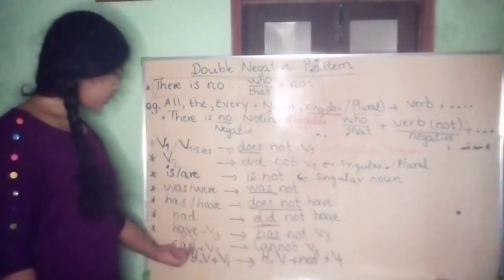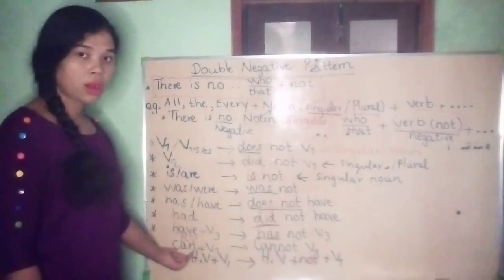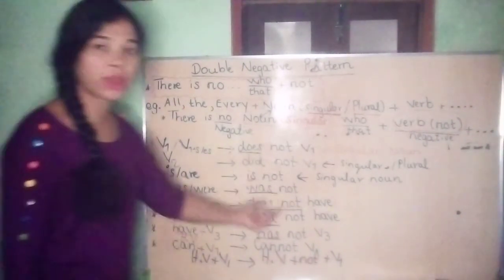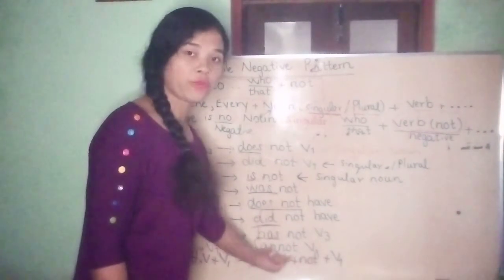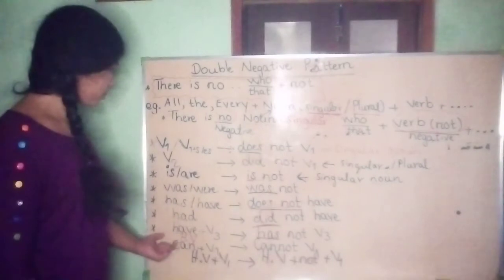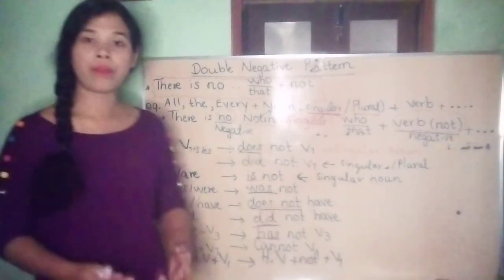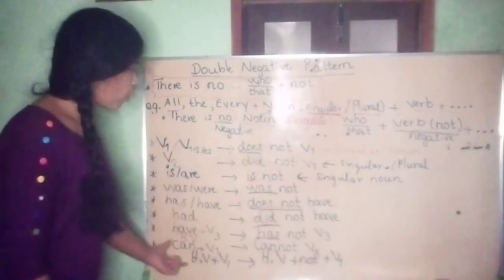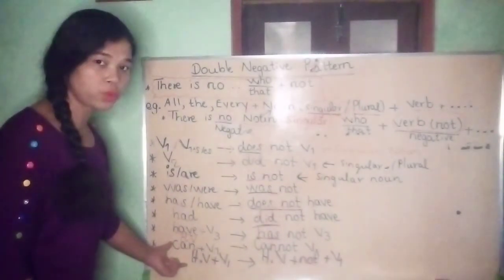If you see will, you need to change that into will not. Will not verb 1. So this is the easiest way. This form is the easiest for students.